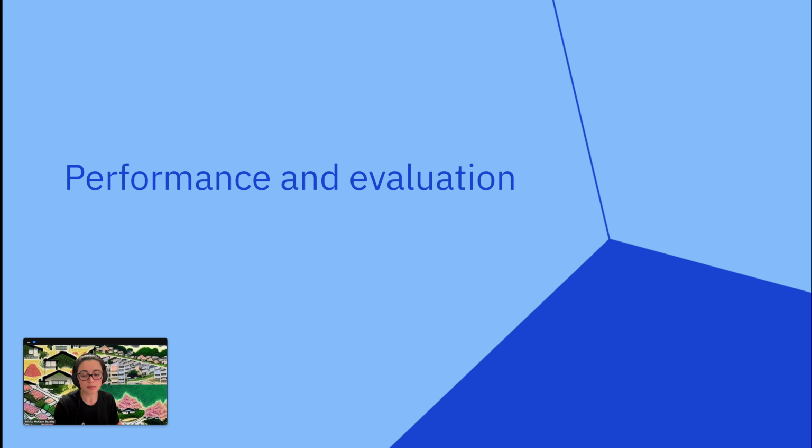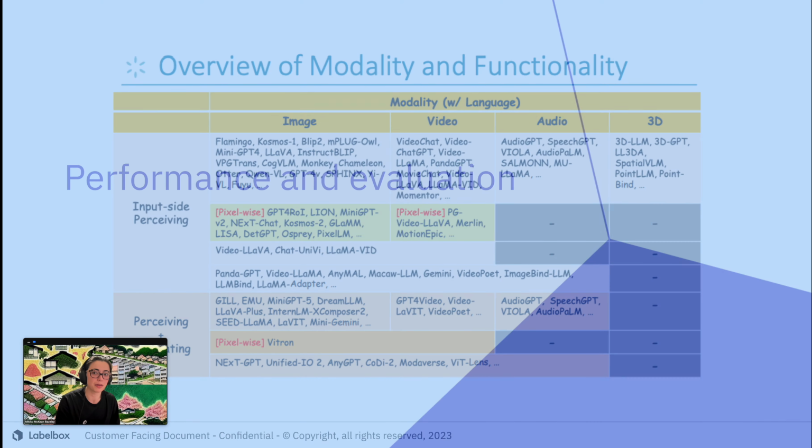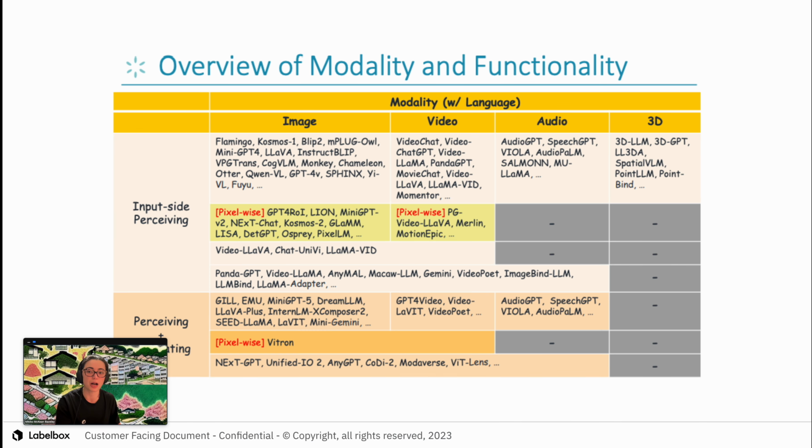I don't know how many folks here have been struggling with measuring and evaluating LLMs, but I can definitely say that multimodal models are a lot more complicated to evaluate. One reason is that different multimodal models cover different modalities in terms of what you can input versus what they output.